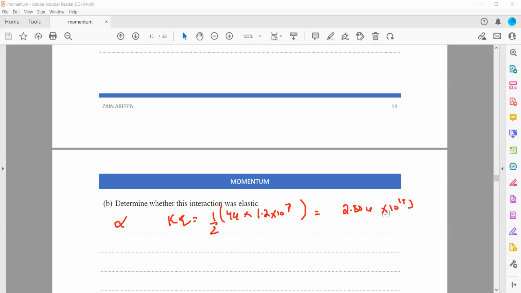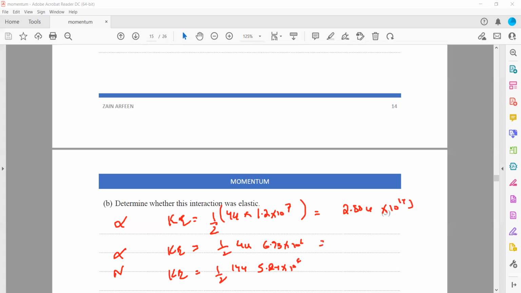That is the initial kinetic energy. The final kinetic energy is the sum of the kinetic energy of the alpha particle and the nitrogen. So the kinetic energy of the alpha particle is half 4u times the speed 6.93 into 10 power 6 after collision, and the kinetic energy of the nitrogen is half 14u times the speed at which the nitrogen is moving, 5.24 into 10 power 6.